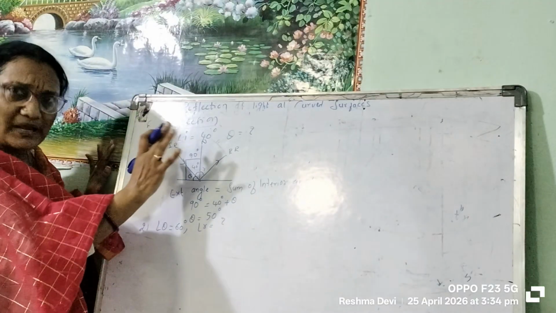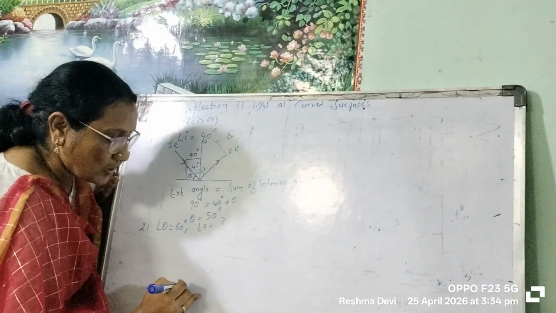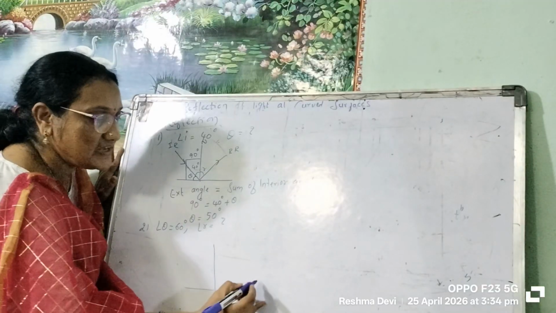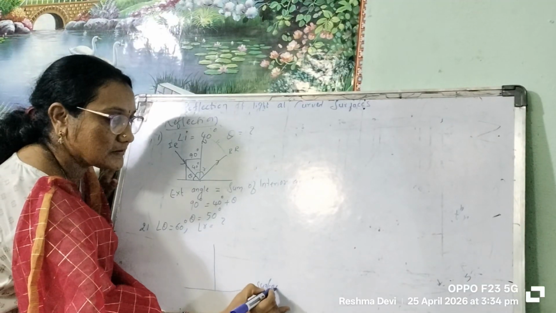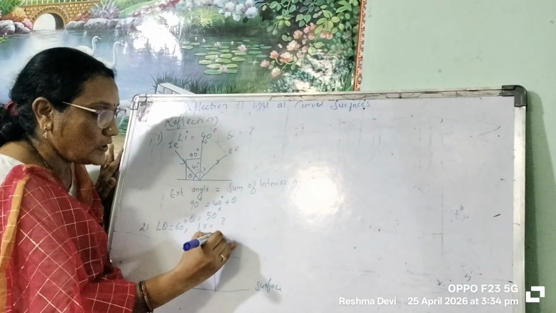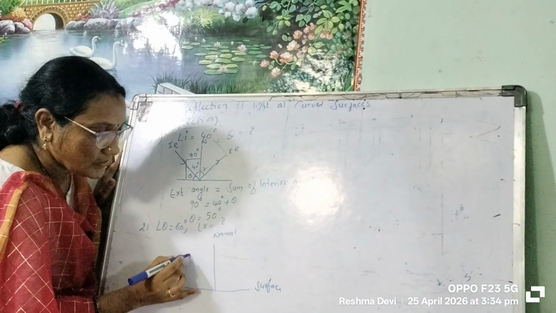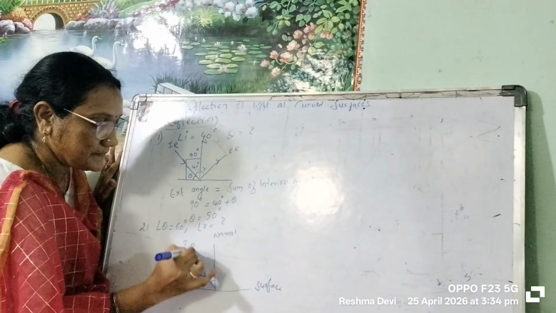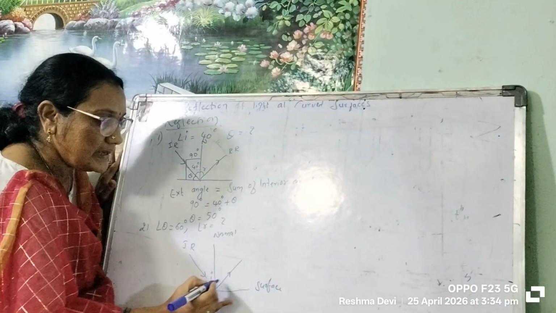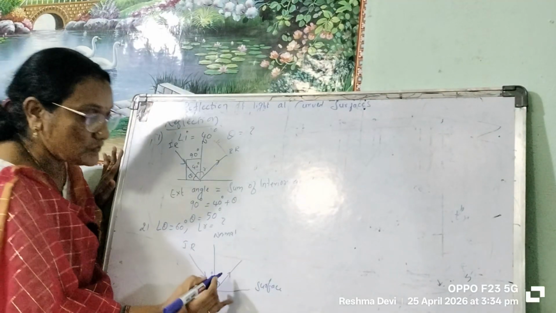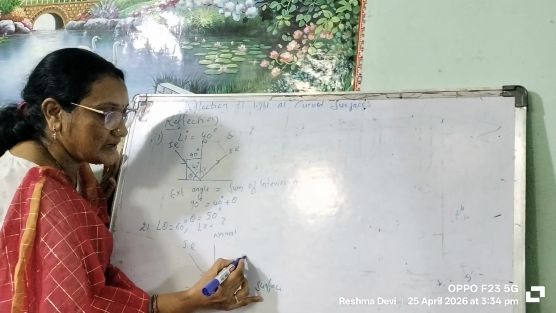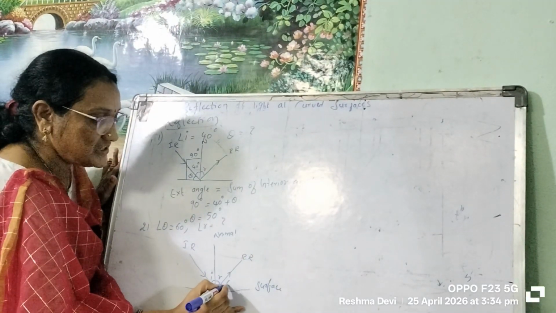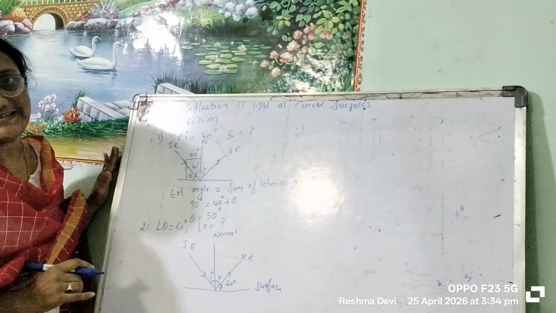One more. Now second model, he gave glancing angle as 60 degrees and asking to find a reflected angle. Same procedure. Now let us draw the diagram. Normal, surface. Angle of incidence, incident ray. Now he is asking to find r, reflected ray, angle of reflection. Now he gave theta, 60 degrees.